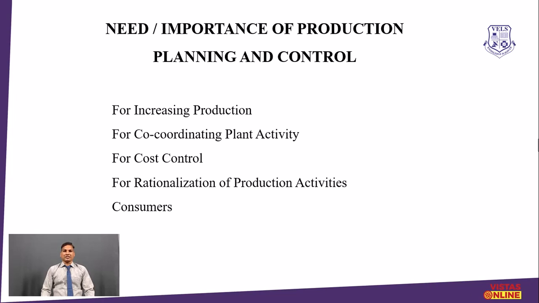When they are rationalizing their production activities, for each and every product or process, you need to appoint separate managers. That need and importance is encouraged by the production managers as well as department level executives.